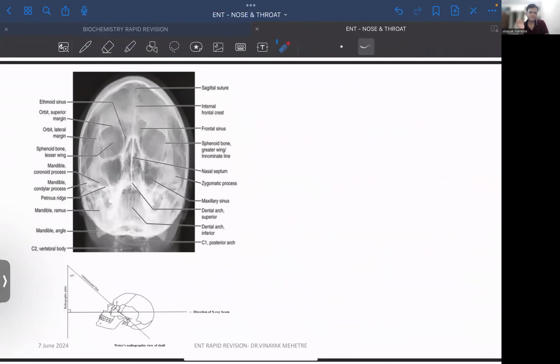Okay, tell me which is the view? You know it. This is called Water's view. Now tell me which sinuses are not seen on Water's view.